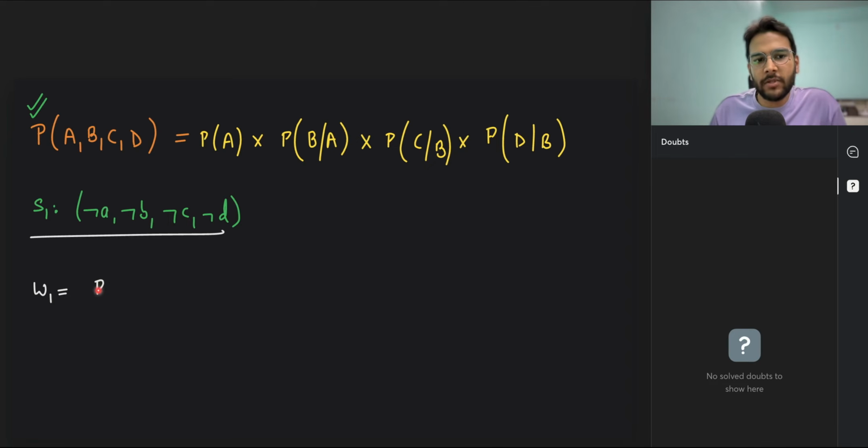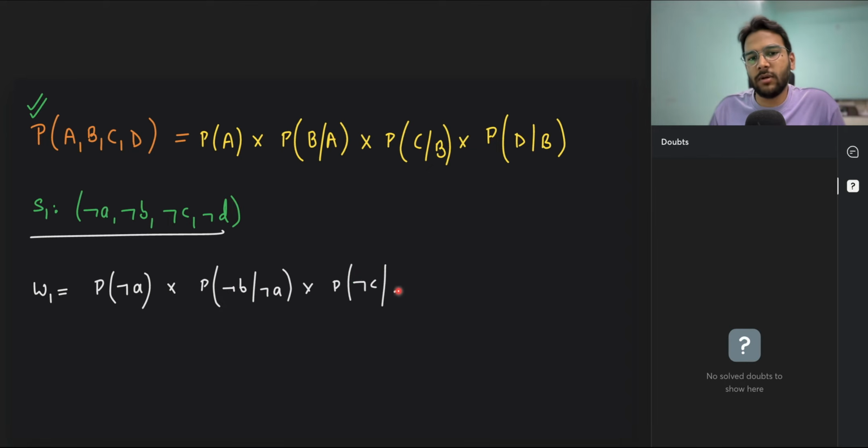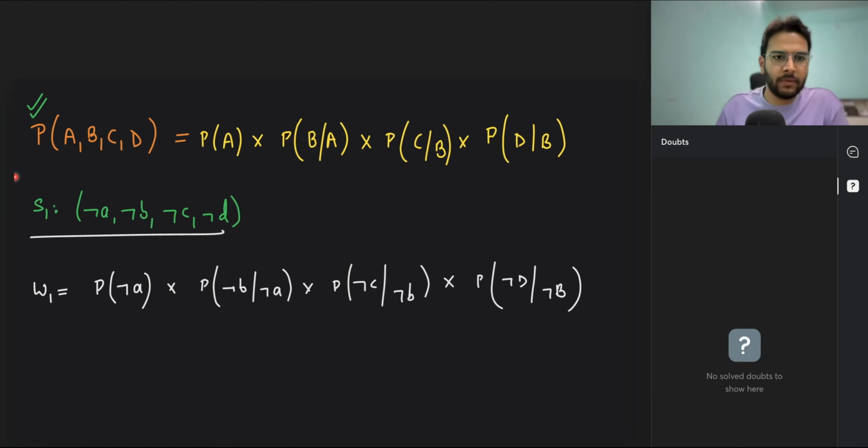So you can represent it like this: probability of not A, multiplied by probability of not B given not A, multiplied by probability of not C given not B, multiplied by probability of not D given not B. Is this clear so far? Do you have any doubt here? Crystal clear so far?